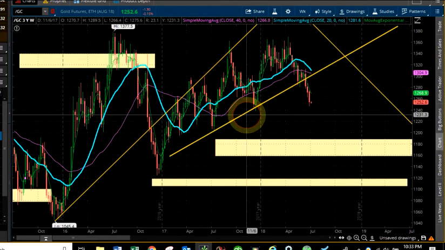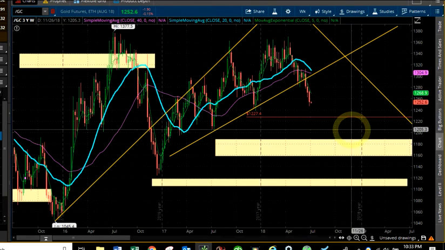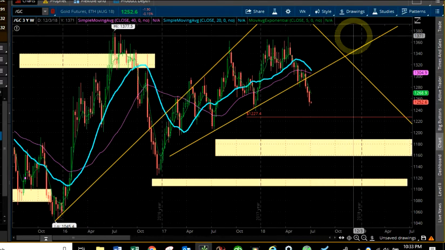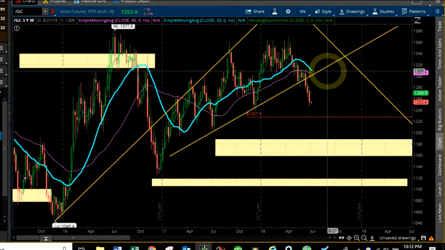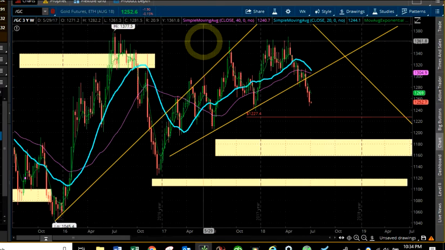Let's say we get a close below that pivot somewhere down in here around 1227, 1225, and then we should get a very, very strong rally that would last several months probably in gold, and probably take out this old 1377 high.